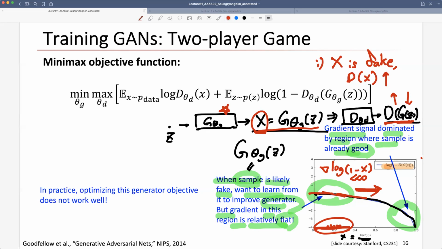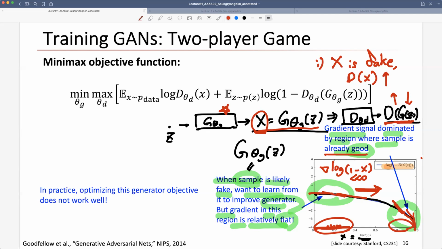On the other hand, in this part, the tangent lines are very sharp, so we can boost our training procedure because the loss gradient is really sharp. But in this case, the generated output is already a good sample. So actually, we don't need to train on such a sample.